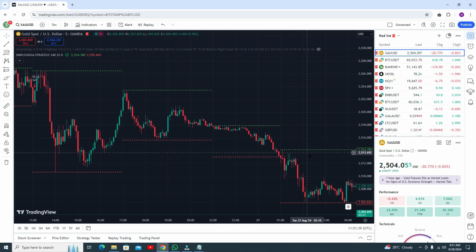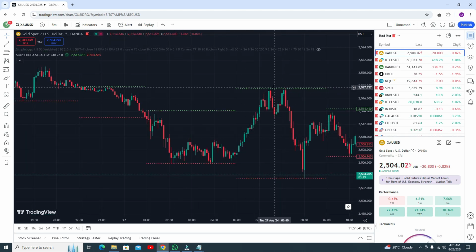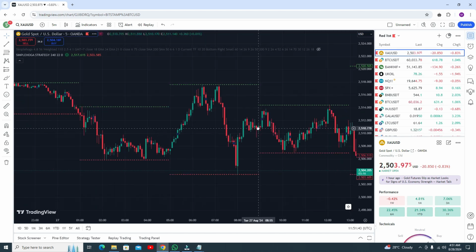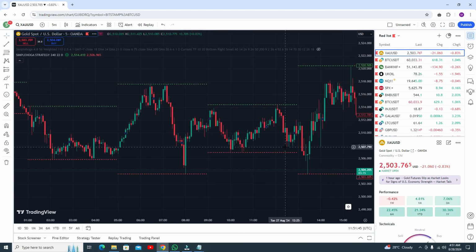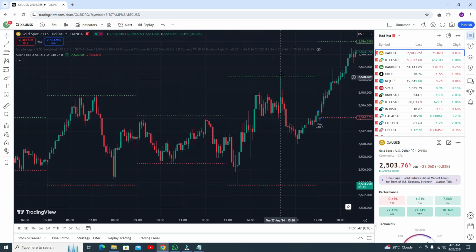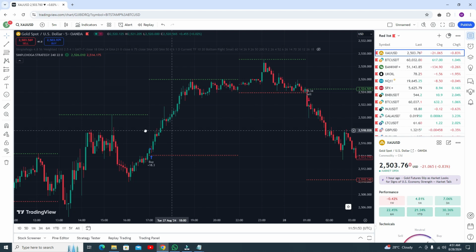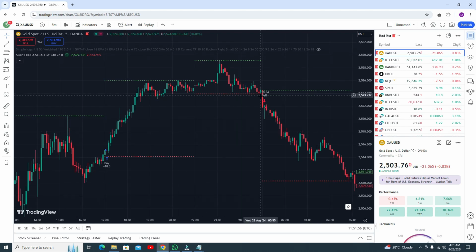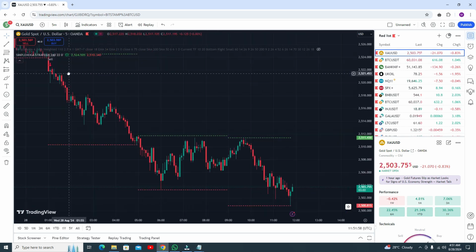Okay, this is your fourth take profit. Okay, this is your fifth take profit, and this is hopefully your sixth take profit, and this is your seventh one. You have to close your trade here. Okay, and you have to go to buy position, and after that you can see the results. Okay, this is the most recent take profit one.